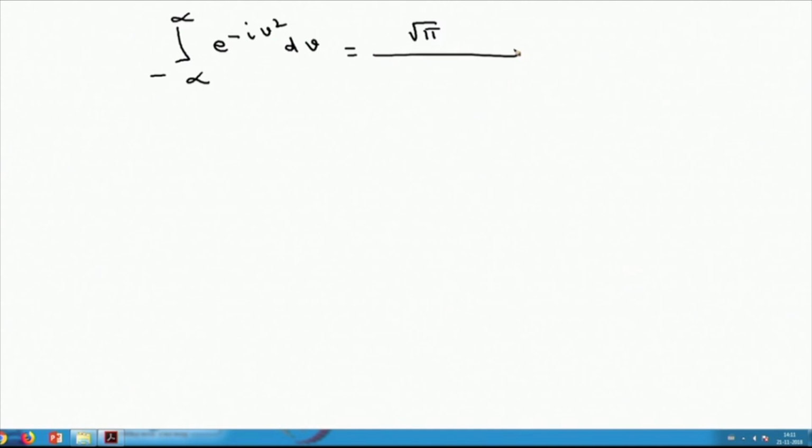So, again, if I write down the integral from minus infinity to infinity of e power I v square dv, it equals root pi over I to the power half, and this I to the power half I can write as cos pi by 2 plus I sin pi by 2, to the power half.